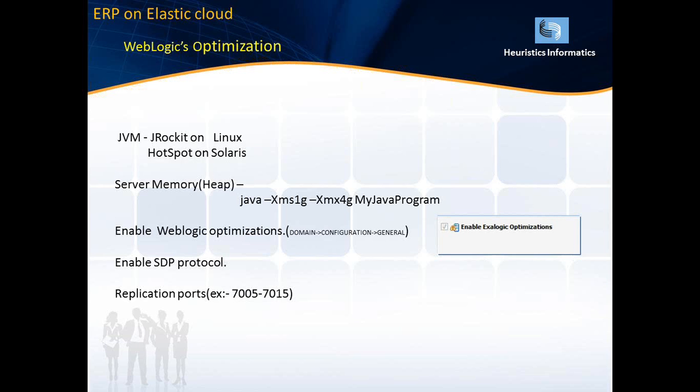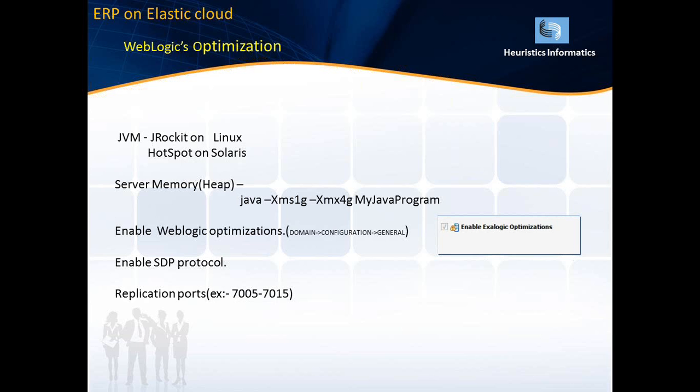Once you go to the domain configuration's general tab, we have the option Enable Exalogic Optimization. Once you click on this optimization option, all the optimization techniques that have been enabled for WebLogic get triggered, and they execute in a fashion to achieve performance at the software level.